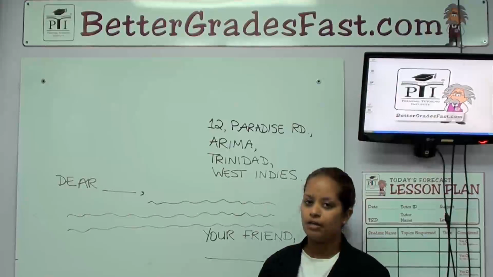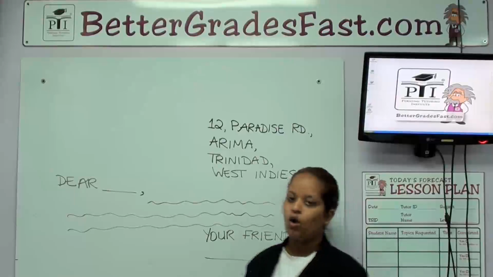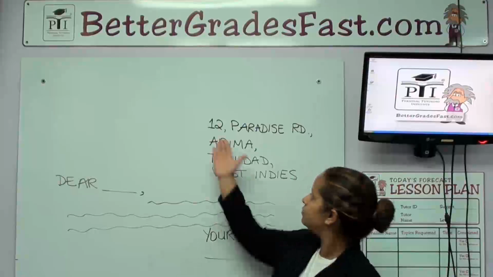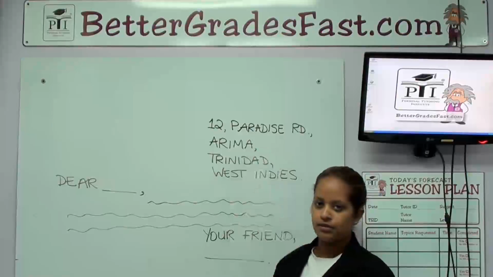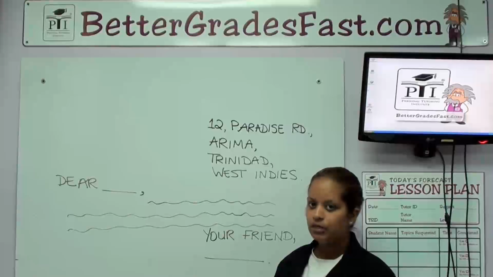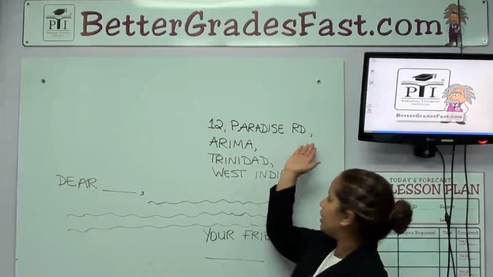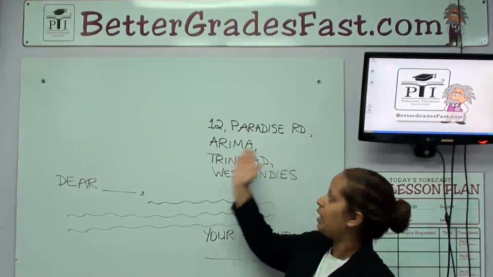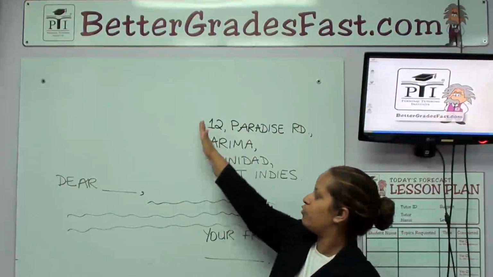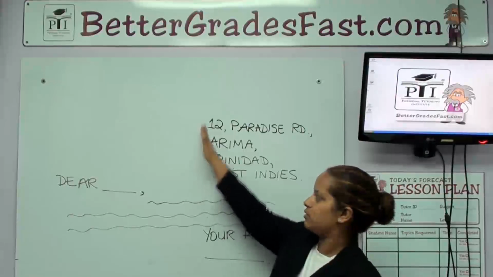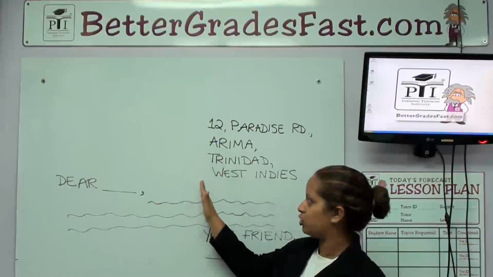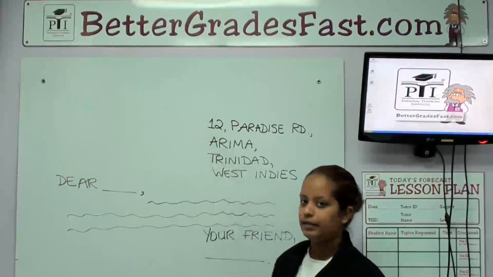You need to begin with the house or building number, and then the street. The street name should be given with a capital letter at the beginning. You then put a comma, and then your town name. Remember, these names in your address section have to be in one line.